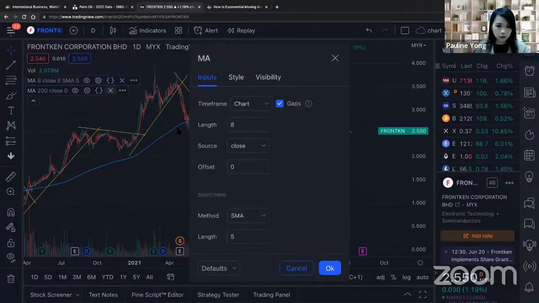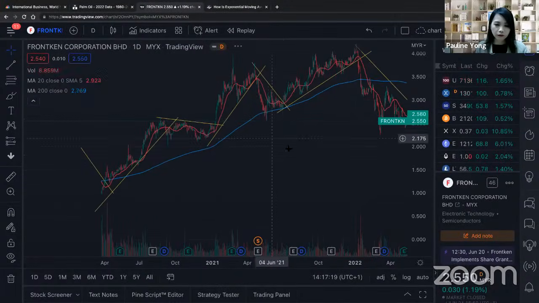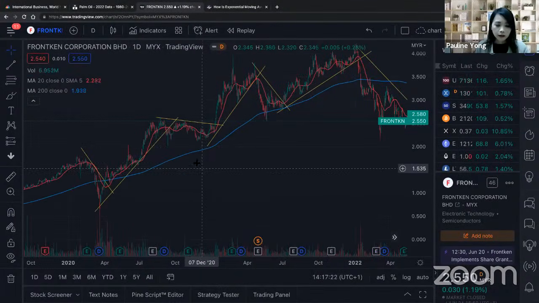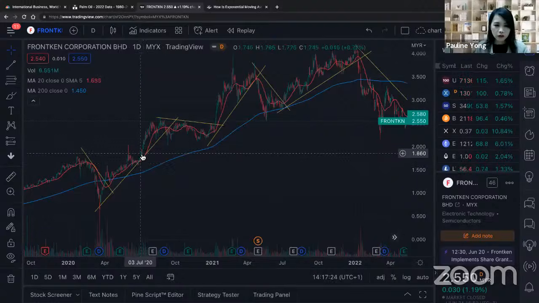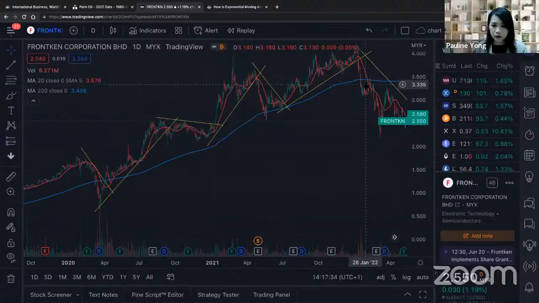This one I changed to 20. Say for example, this Franken, you see, it can cross above and below that 20-day moving average many times. But my 200-day moving average, I didn't cross below until here.